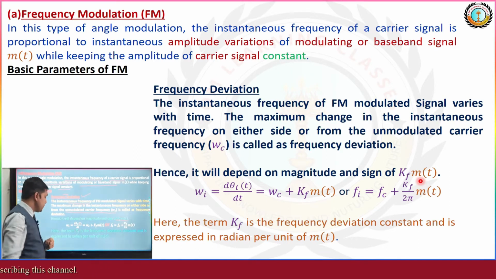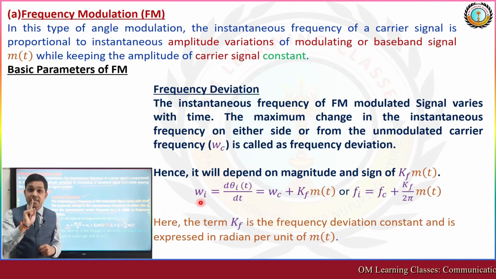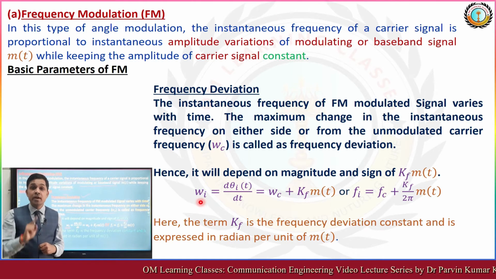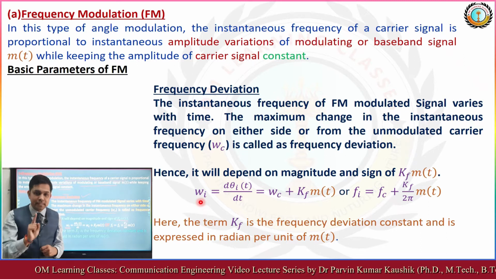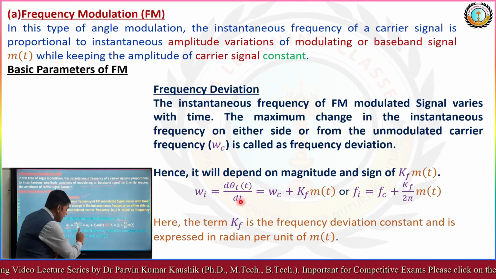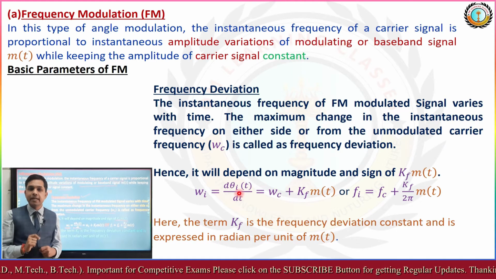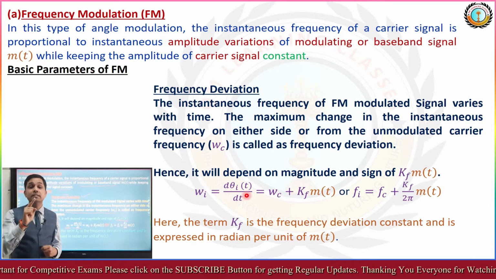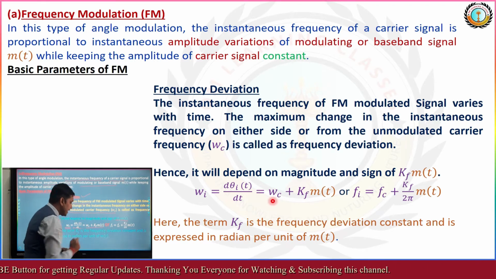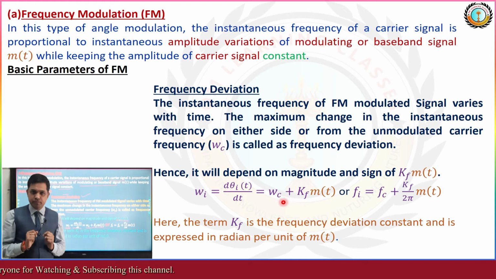As per the mathematics, we have to calculate omega i, which is known as the instantaneous angular frequency of the frequency modulated signal. Omega i is the derivative of the total angle of the FM modulated signal, that is the derivative of theta i(t), and that is equal to omega c plus kf into m(t).